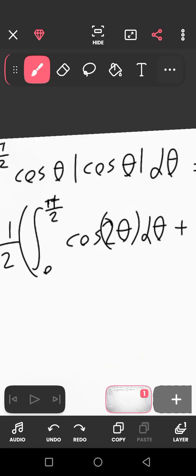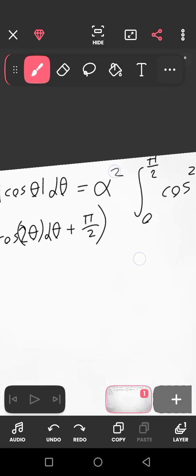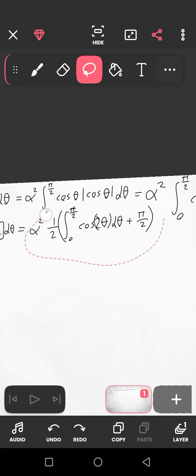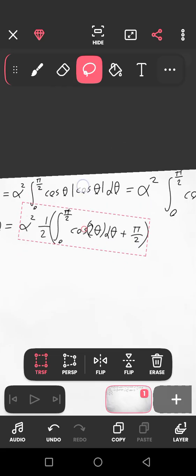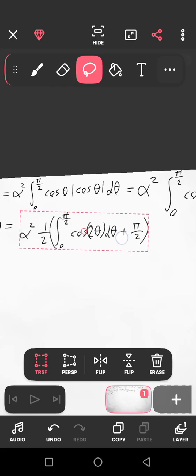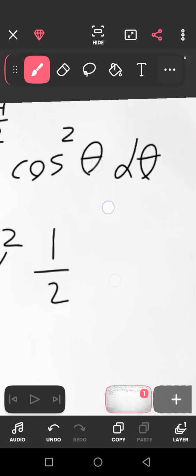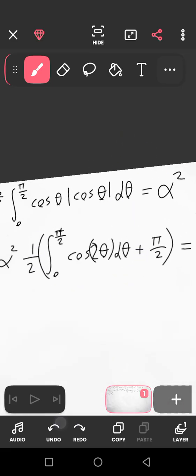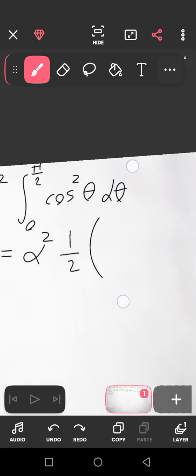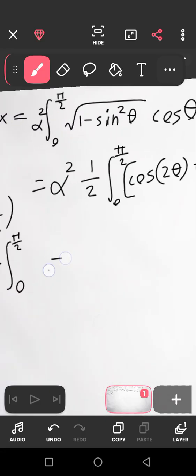So a squared times 1 half times this integral, which is 0, plus pi over 2.